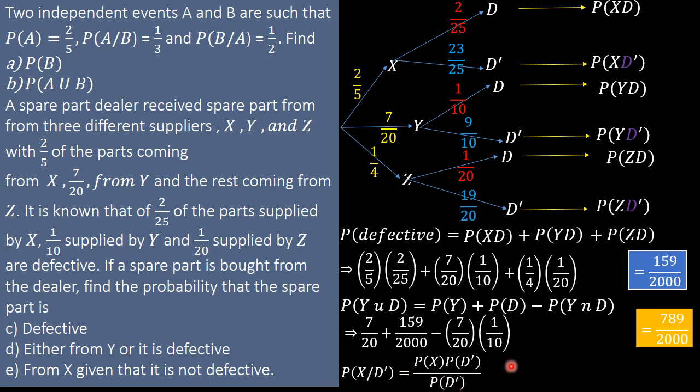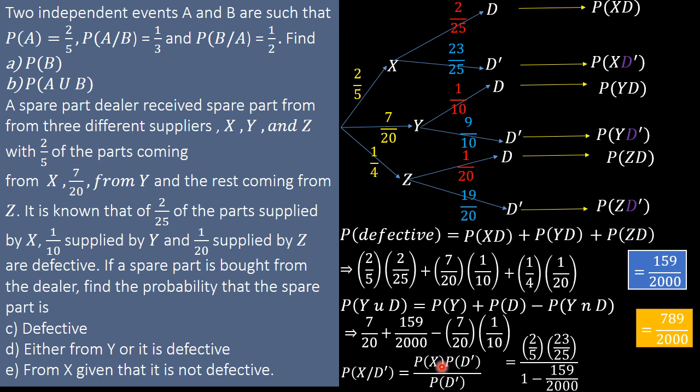So friends, keep in mind that the one we have in this denominator, though I've written them in the same way as the one at the top, they are not the same. The one at the bottom is 1 minus this value, and the one at the top is the probability of not having a defective part because it came from X, and that's the same as 23 over 25. Good.